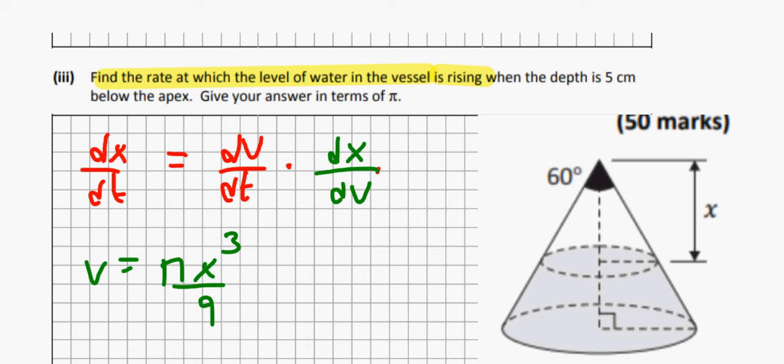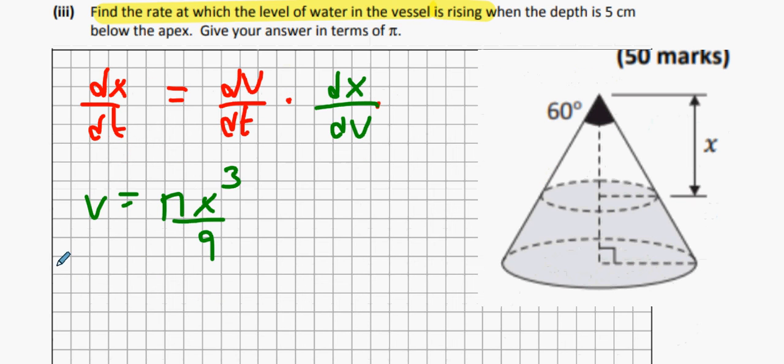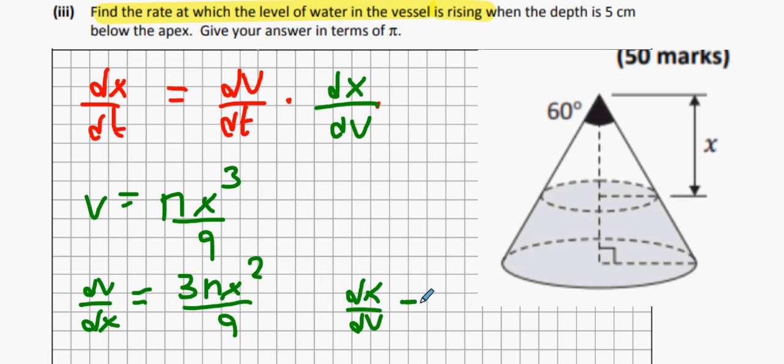What happens if I differentiate this? I get dV dx, 3 to the front. Okay? How do I turn the dV dx into dx dV? Turn it upside down, isn't it? By the way, the 9 and the 3 sort of turn into a third. Turn it upside down.